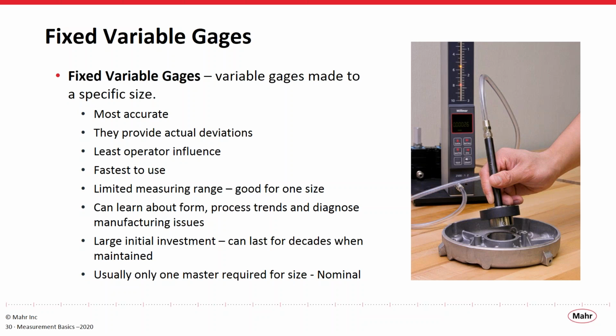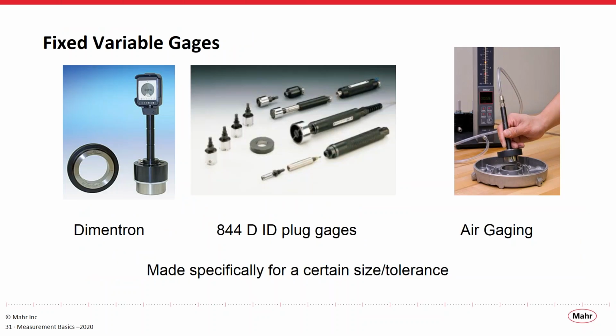So the investment is well worth it. Most of the air gauging and the Metron plugs that we manufacture require only a single nominal master. Here are some examples of fixed variable gauges: mechanical plug gauges and air gauging. They're all made specifically for a certain size and a certain tolerance, but give you the fastest and best results.